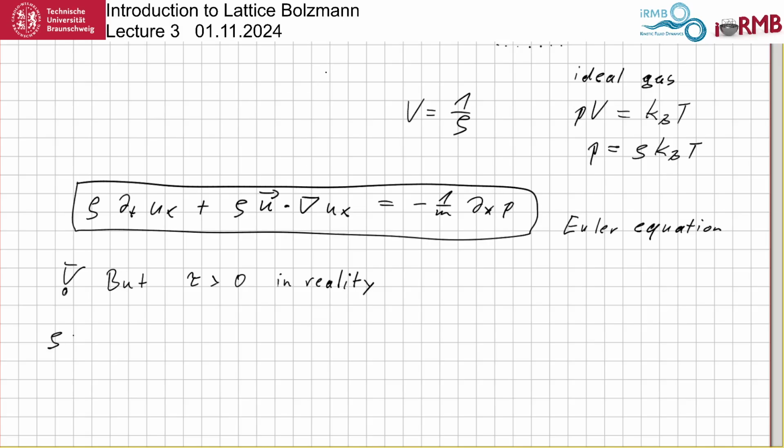So on the left, we have rho d_t u_x plus rho u times d_x u_x, and this is equal to minus 1 over m d_x p. Okay, so this is what we had before. And after this, we said tau is equal to 0, and we dropped all the other guys. Now we still have the other guys.